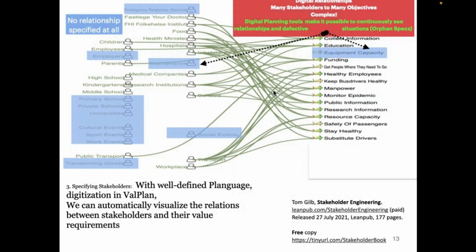Here's something we can do when we've digitalized all of this. We can automatically draw a map of all these values or qualities. And then here's a line going to the stakeholder transport for this one. But in the same map, we also can highlight all those stakeholders that have no requirement noted yet.